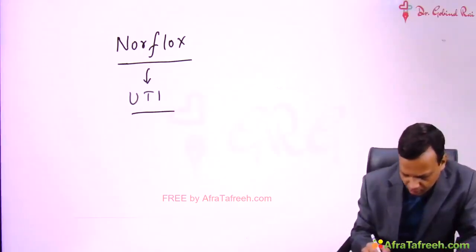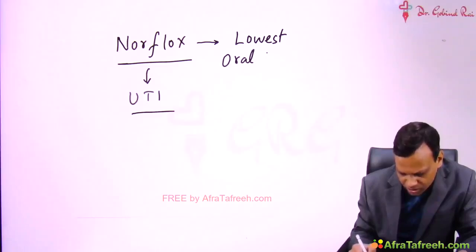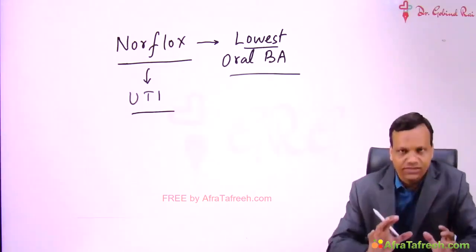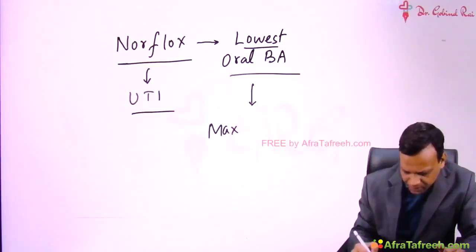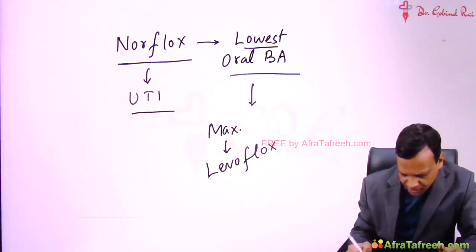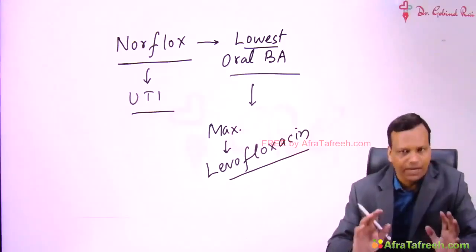Apart from this, norfloxacin has the lowest oral bioavailability among all the fluoroquinolones. On the other hand, the maximum oral bioavailability is present with levofloxacin. So norfloxacin has the lowest, whereas levofloxacin has the highest oral bioavailability.